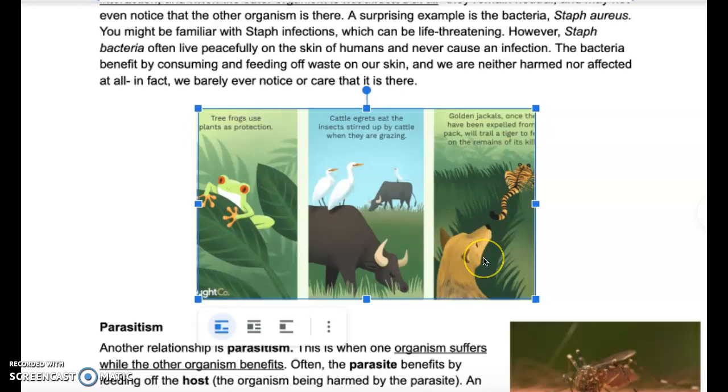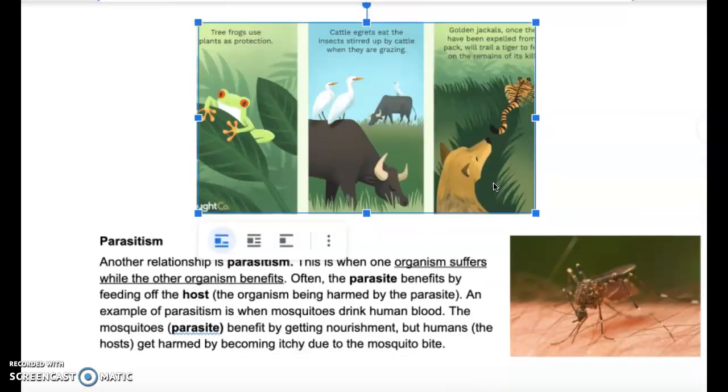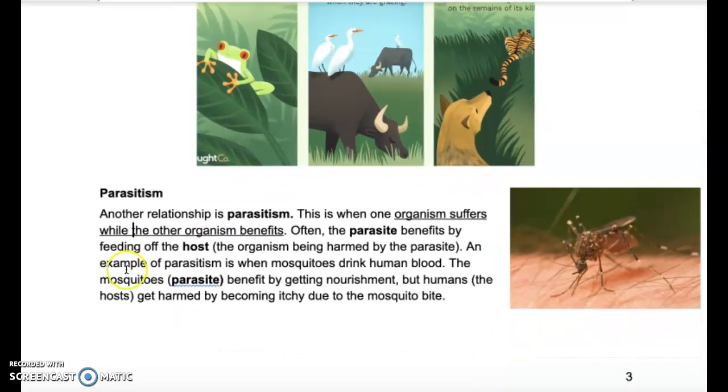So it's benefiting from the relationship by being able to eat whatever waste or leftovers the tiger leaves, but the tiger is not bothered by it, it's not competing with the jackal, it's not being harmed by this relationship.